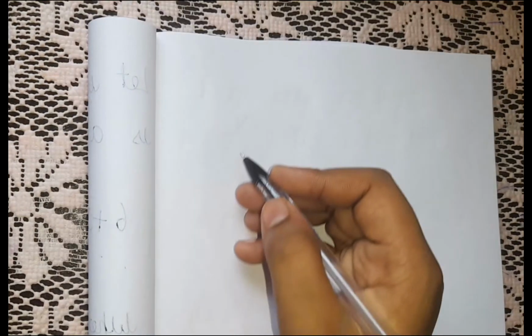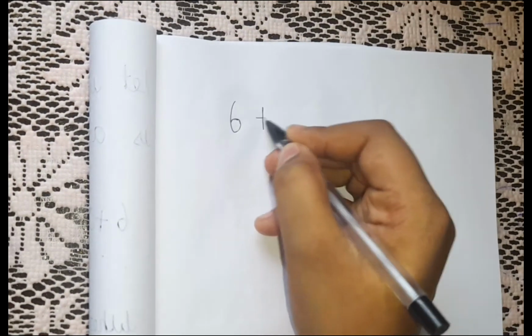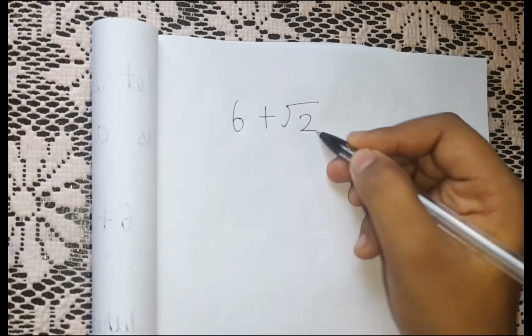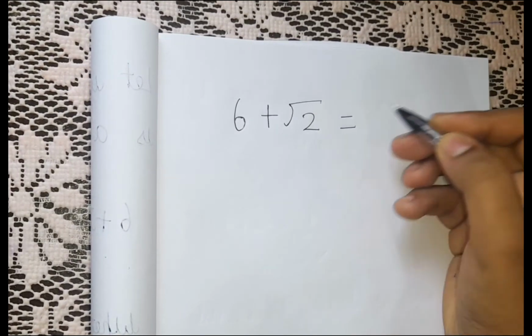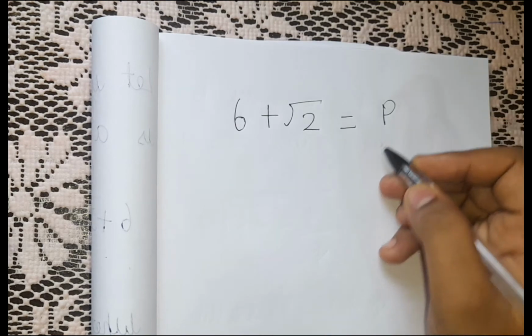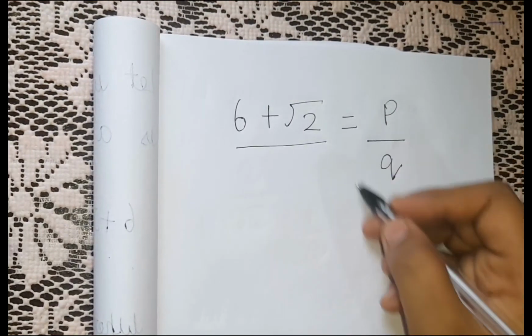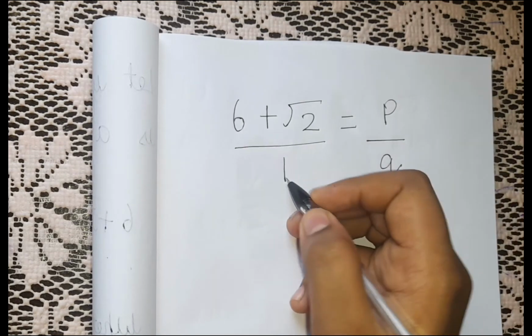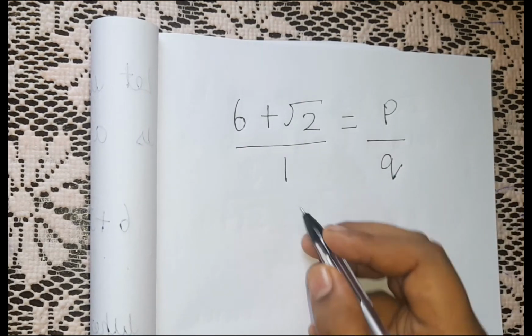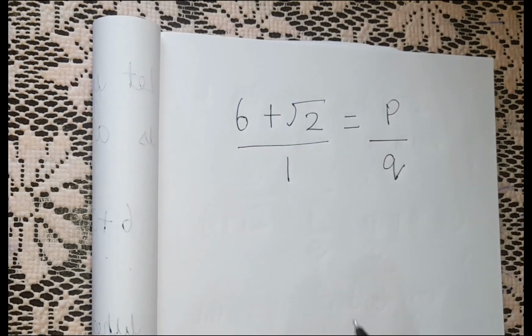So let us write 6 plus root 2 is equal to p by q. Here it is in fraction form, so on the left we shall write divided by 1. Now we are going to cross multiply.